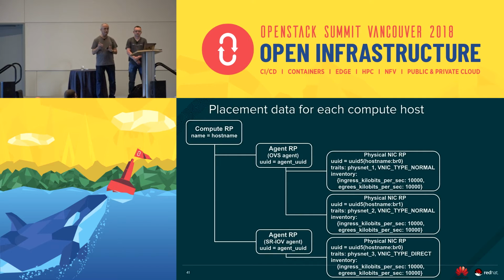And the Nova scheduler is going to say, okay, I'm receiving a request to create an instance, and that instance has a port that needs this minimum requirement. The scheduler is going to ask placement, give me candidates where I can fulfill this minimum requirement. Additionally, with each one of these resource providers, we are associating two traits.